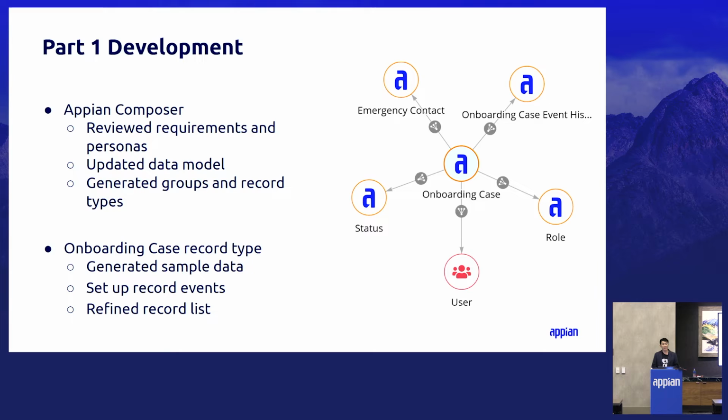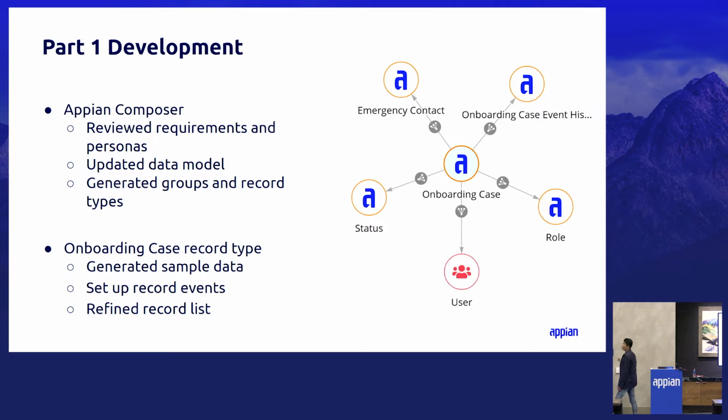We updated the data model, reviewed requirements and the persona, and generated groups and record types. We also looked at the record type, generated some sample data, set up some record events, and refined the record list as well.